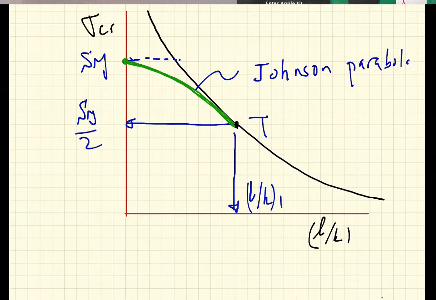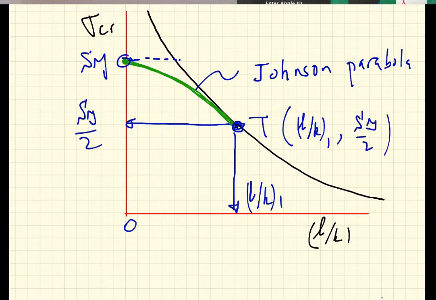and it is empirical because it guarantees that the critical stress for buckling does not exceed the yield, and the parabola can be determined from the coordinates of two points. One point is S yield and 0, where the L over K is 0. The other point is the coordinates of T, where the x coordinate is L over K1 and the y coordinate is S yield over 2.